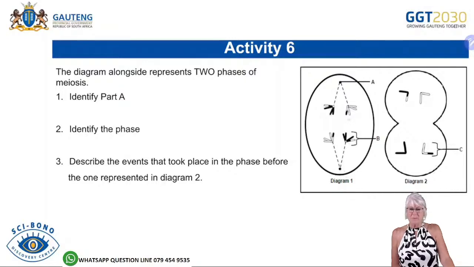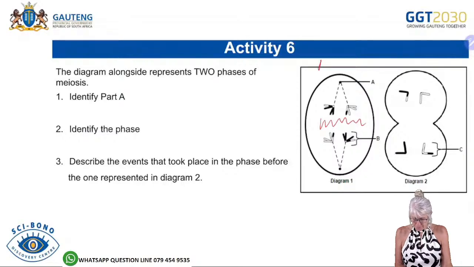So possibly, they are replicated chromosomes. So for me that already indicates that it's probably meiosis 1. Secondly, I can see that there's a gap here between the chromosomes. So that means that they are moving away to opposite poles. So therefore it would be anaphase 1.